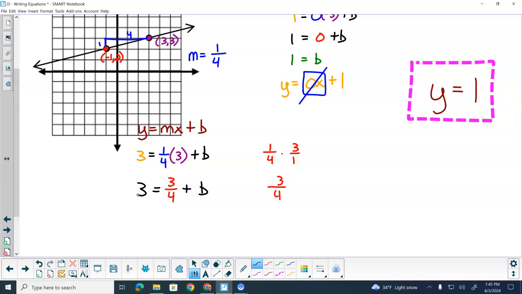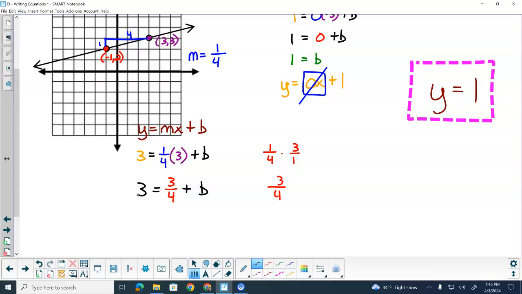Jason, are you a fan of the fractions? Yeah? No? Okay. So way back, first semester, when we started solving equations, we're going to multiply everything by 4.